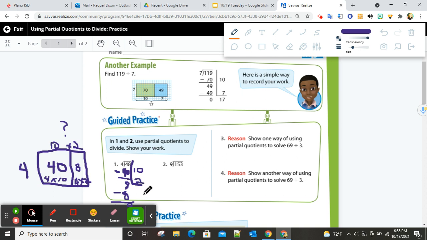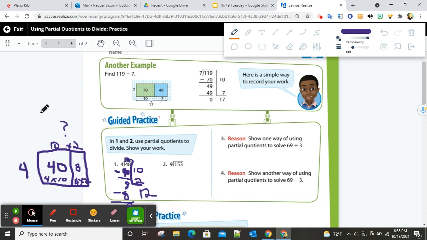The final step, like in our video that we watched earlier, is I have to add my partial quotients. So 10 plus 2 equals 12. So my quotient is 12.